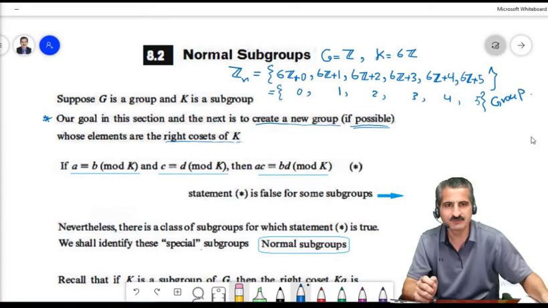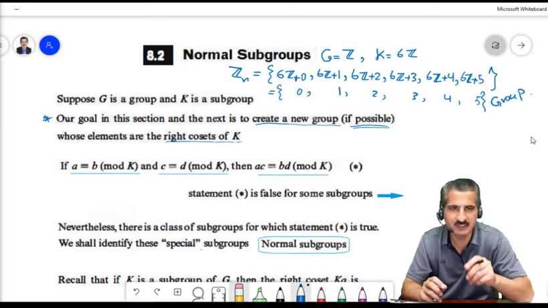And then we got a group which we called Z6. But originally we got this group Z6 out of using the subgroup 6Z.